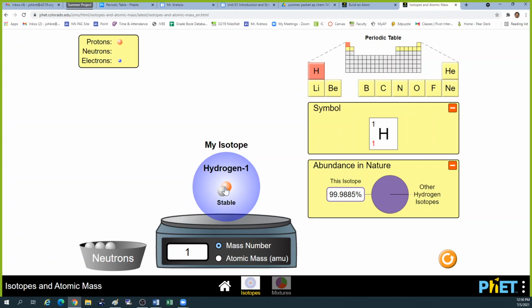Any thoughts? In fact, let's put the average here. That's when you take a natural sample, that's the average atomic weight. Why is that? That's such a funky looking thing. Why isn't it 1.5?